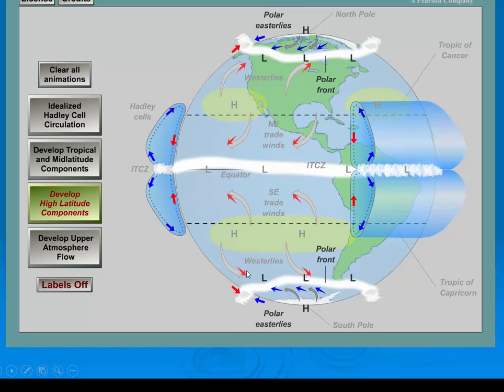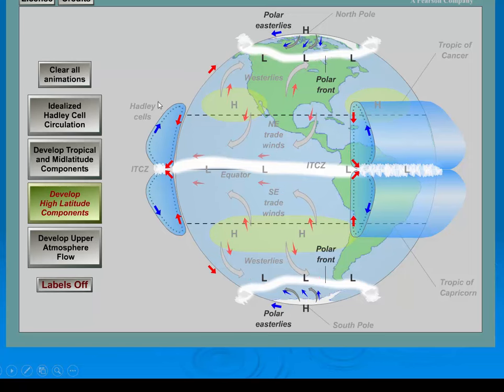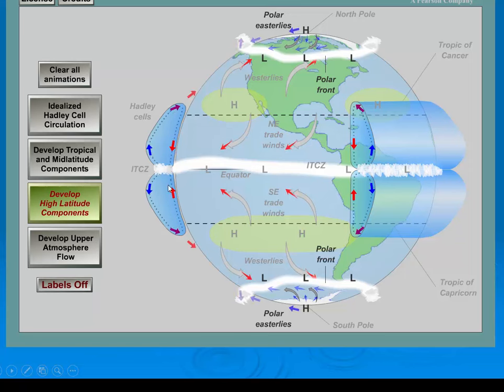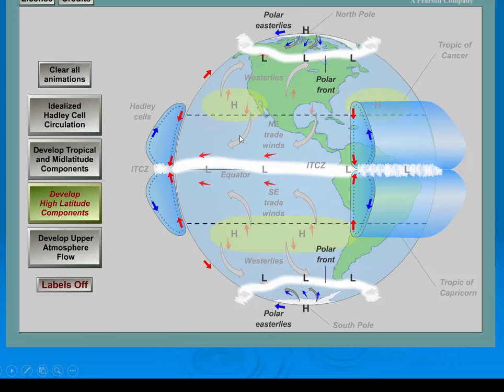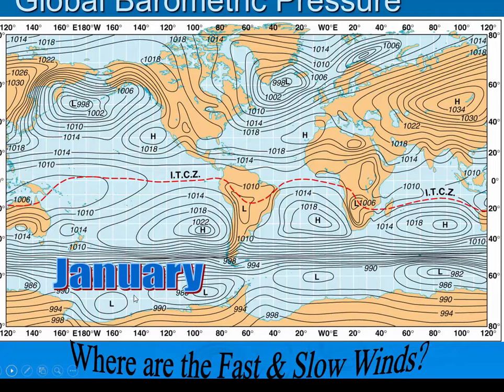So as we study adiabatic cooling and heating, I want to focus on these Hadley cells that are roughly around the equator, symmetrical to the equator during the equinoxes, but they do migrate to the north and to the south during the different heatings of the Earth.